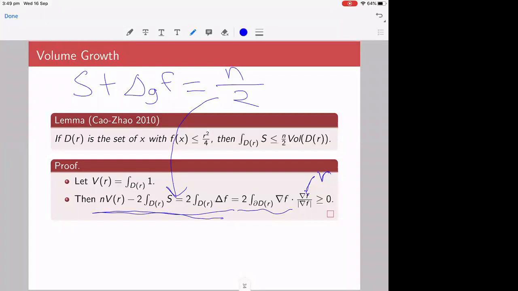But because D_r was constructed to be the set so that f of x was less than or equal to r squared on 4, we know that the outward pointing normal vector has to be in the same direction as gradient f itself. So this is pretty cool because we're now taking the gradient of f and taking the product with gradient f itself. And so that means, of course, that has to be non-negative. There is a slight technicality here because it may be the case that the gradient of f might actually vanish, but there are technical ways around that that I won't go into now.